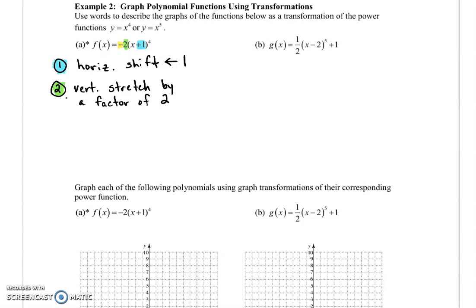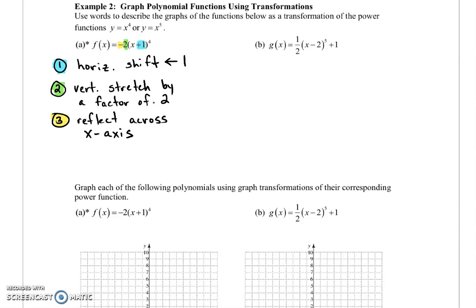And the last thing we should do is that negative, which is a reflection across the x-axis.